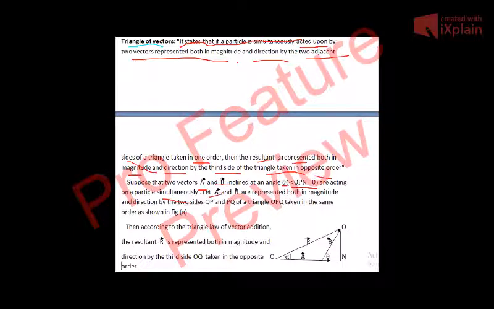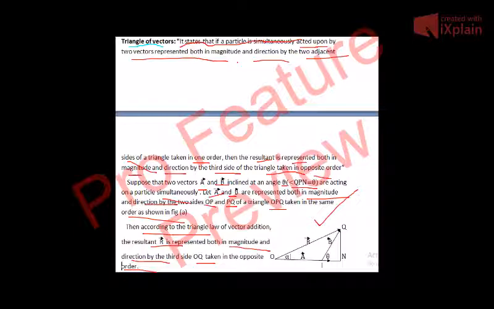Let A and B be represented both in magnitude and direction by the two sides OP and PQ of a triangle OPQ, taken in the same order as shown in the figure. Then according to the triangle law of vector addition, the resultant R of the two vectors A and B is represented both in magnitude and direction by the third side, that is OQ, taken in the opposite order.